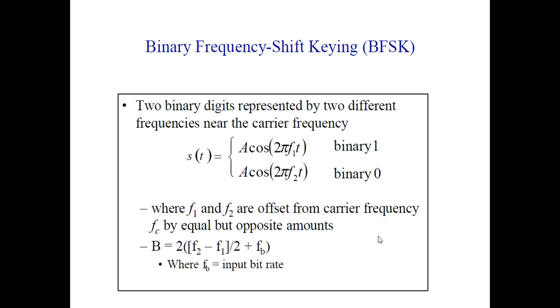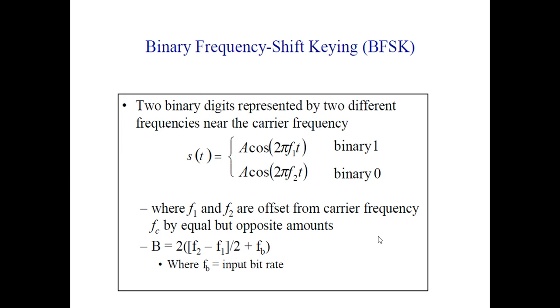In binary frequency shift keying, as we already discussed, we use two frequencies: one for binary 1 and another for binary 0. These are two different frequencies near the carrier frequency, where F1 and F2 are offsets from the carrier frequency Fc by equal but opposite amounts.